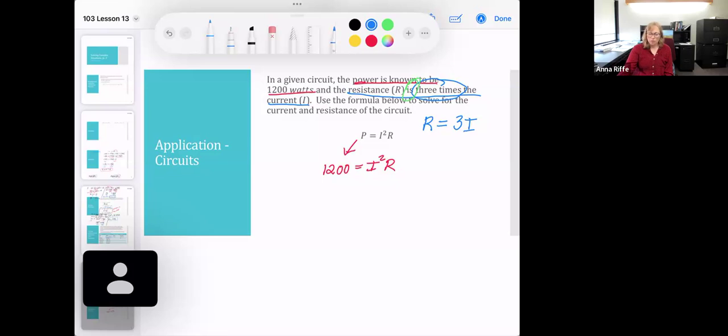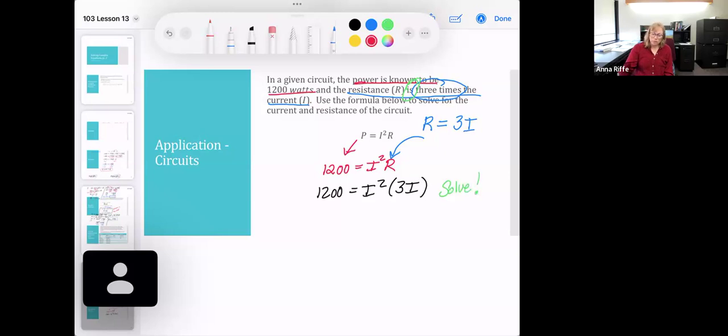Once we have that relationship, we can substitute it into the below equation for R. So I have 1200 is equal to I squared, and then R we said is 3 times I. Once we've done that substitution, we only have one variable, so we can proceed with solving this equation.